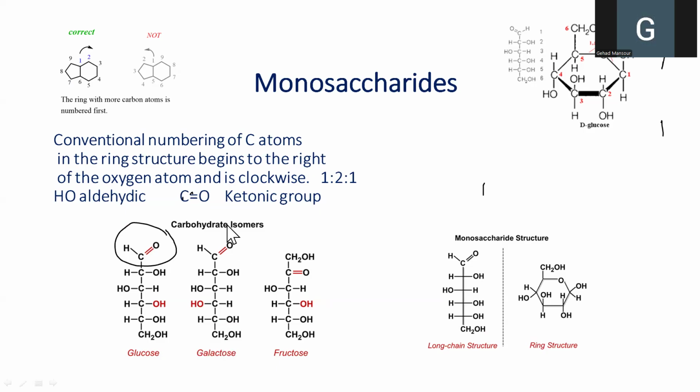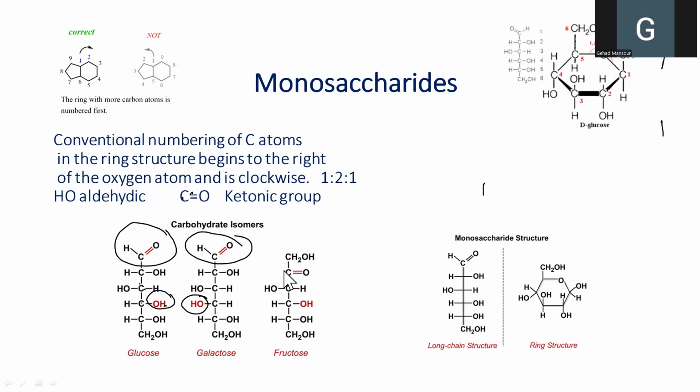In galactose, you still have the same aldehydic group, but the difference is in the arrangement of the hydroxyl group related to carbon atom number 4. 1, 2, 3, 4. So here the OH is to the right, here OH is to the left. The rest of the molecule is similar.